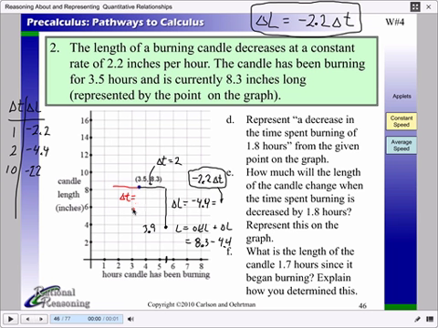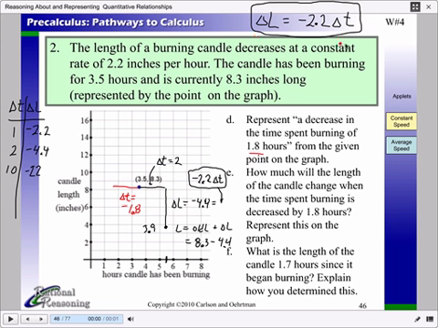Oh, it says decrease of 1.8, right? Sorry, I was reading it off. So what would delta T be? Negative 1.8. Remember, negative means decrease.